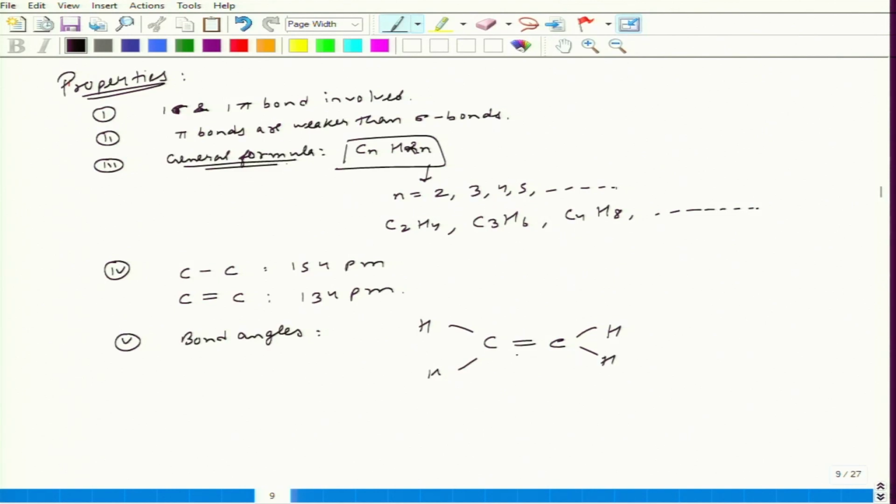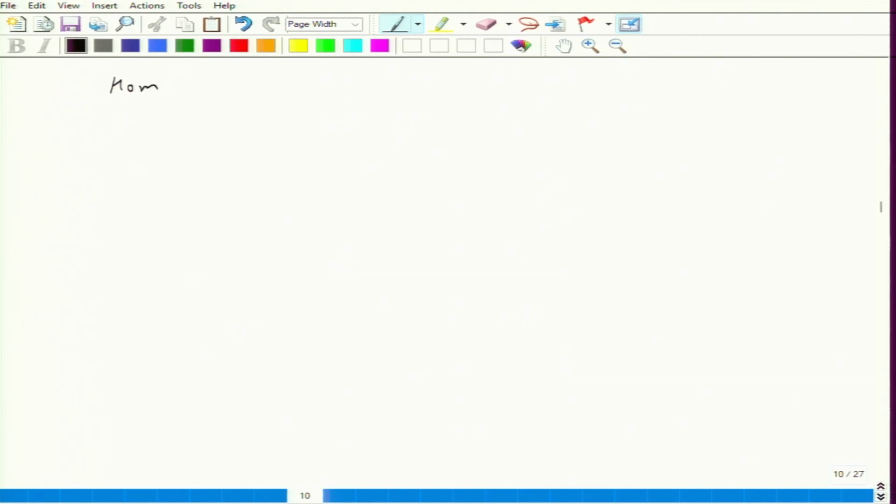Let's now talk about the bond angles. The bond angle between H, C and C double bond C is 121.7 degrees, and the bond angle between H, C and H is 116.6 degrees. Bond energies I have already told: sigma bond, pi bond. As I have discussed, alkanes form a homologous series. Alkenes also form a homologous series. How?